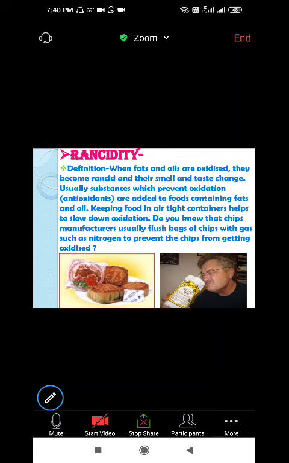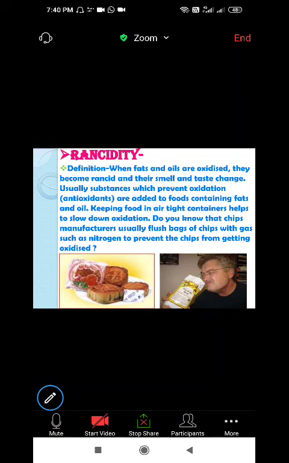You must have seen that when you open food packets like chips or Kurkure or something, right? What does it have? It has gas filled into it, right? And why is it so? The gas does not allow the food item to come in contact with oxygen, and due to that, it decreases the rate of spoilage.